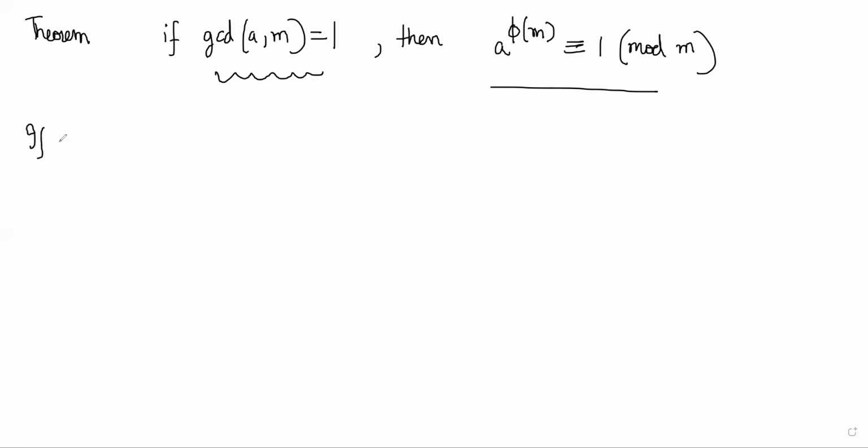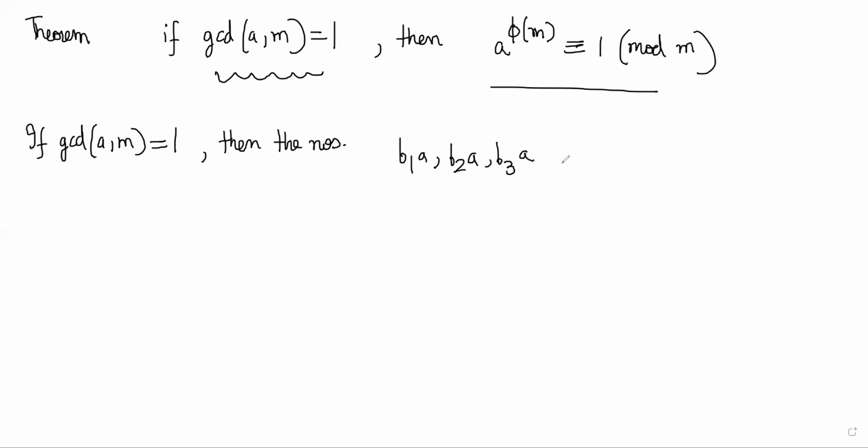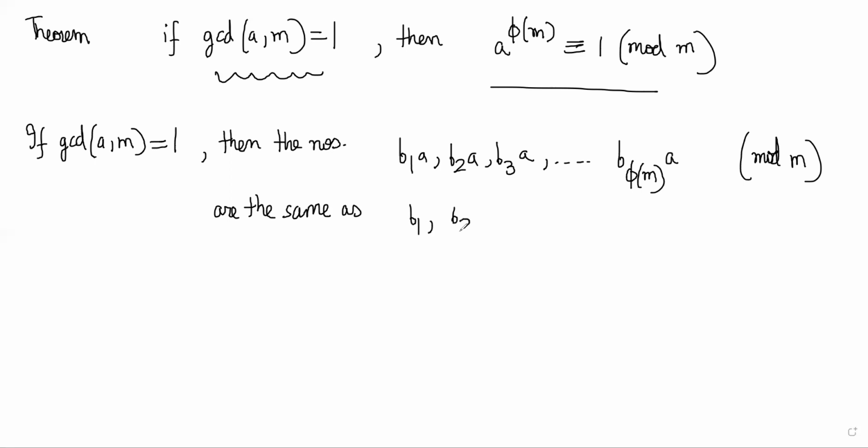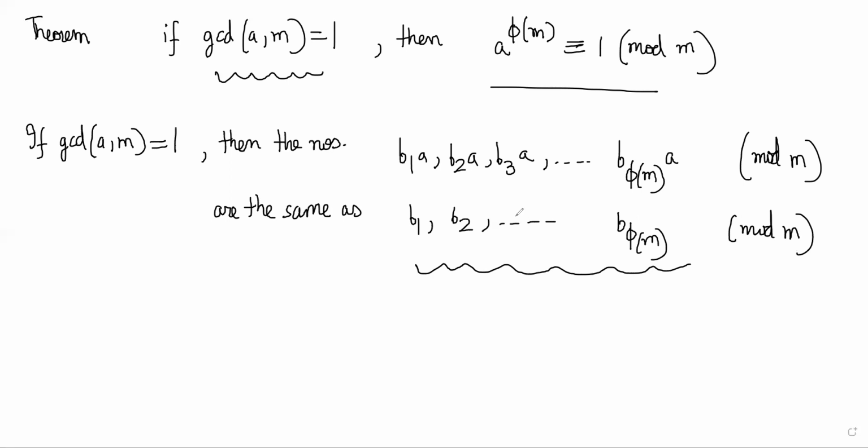So if GCD of A and M is 1, then the numbers B1A, B2A, B3A, and so on till B phi of M times A mod M are the same as B1, B2, up to B phi of M mod M. Although they might be in a different order, these are the same numbers.